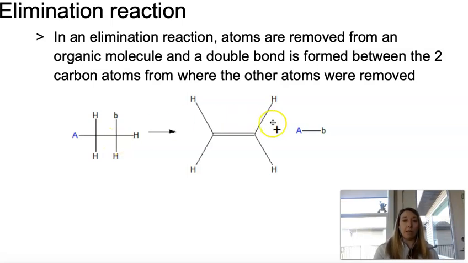So the way they fix that is they create a double bond in between them. This way, each of the carbons still has 1, 2, 3, 4 bonds, but one of them is now a double bond instead of two of those single bonds. So what small molecule you eliminate really comes down to what type of starting molecule did you have and what did you add to it.